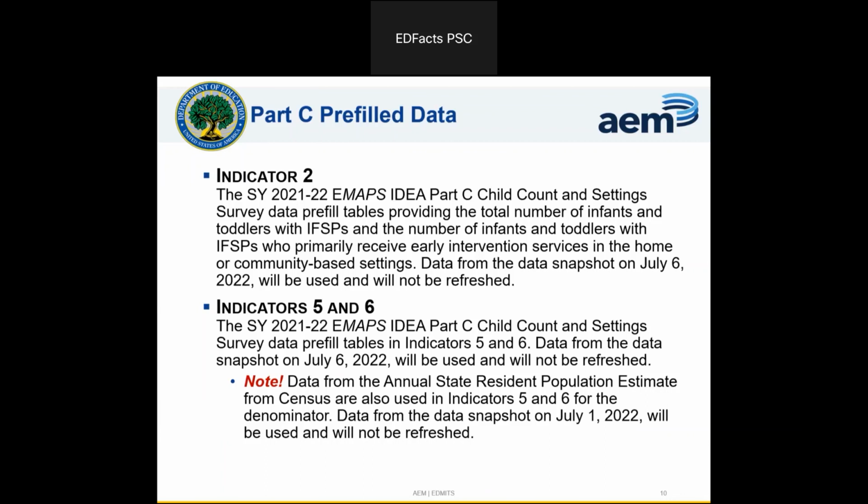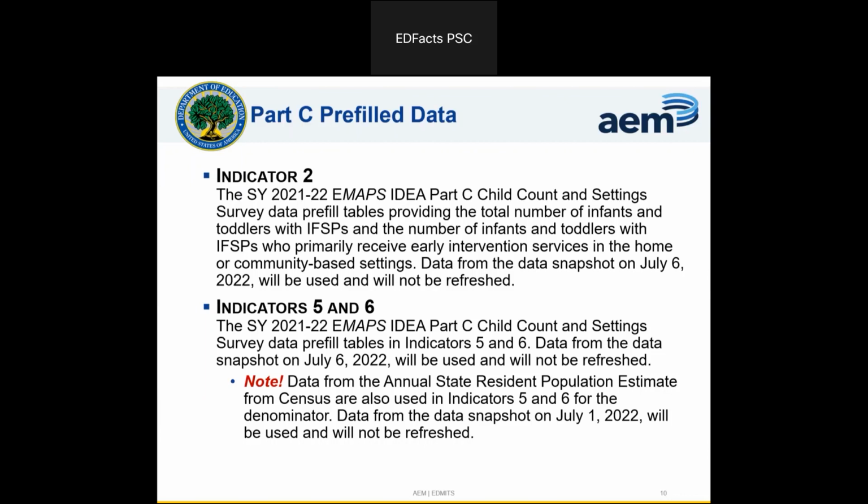So indicator 2 is pre-filled from the school year 21-22 eMaps IDEA Part C Child Count and Settings Survey. The data pre-fill tables provide the total number of infants and toddlers with IFSPs and the number of infants and toddlers with IFSPs who primarily receive early intervention services in the home or community-based settings.